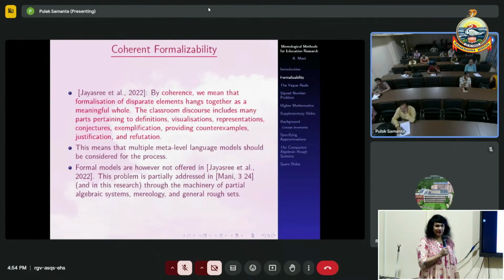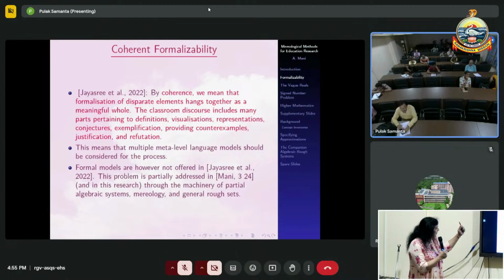So they want, this is the idea of coherent formalizability, which is not exactly formalizability, it's a soft form basically. By coherence we mean the formalization of disparate elements that hangs together as a meaningful whole. And the classroom discourse includes many parts pertaining to definitions, visualizations, representations, conjectures, and so on.